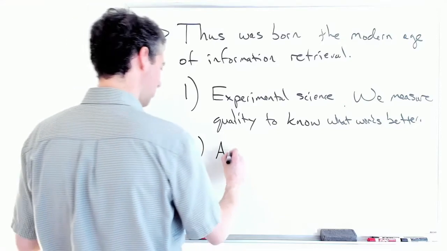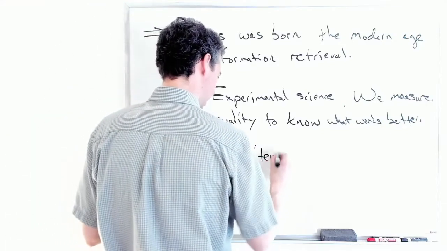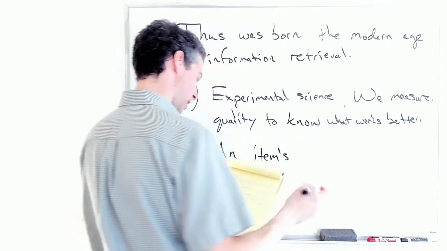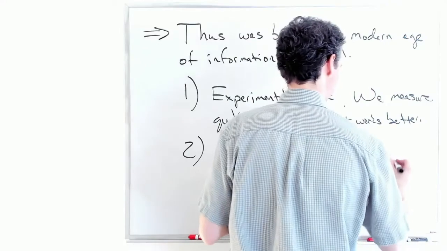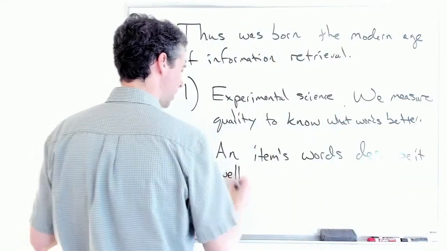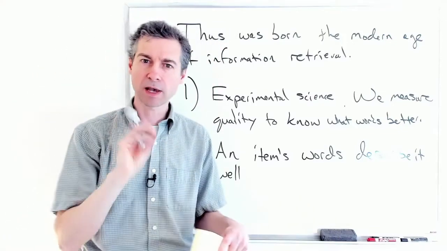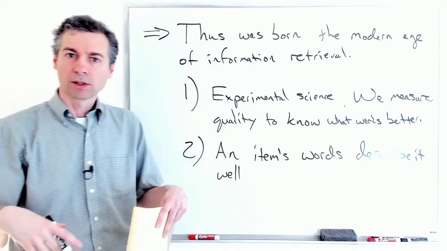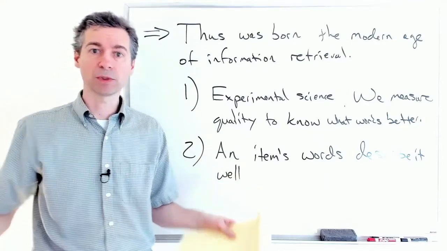But another big part was that an item's words describe it well. We talked about books. That was a big discovery. It wasn't so much the human brain looking at it and deciding what words; the item's words already were there and were valuable and important.